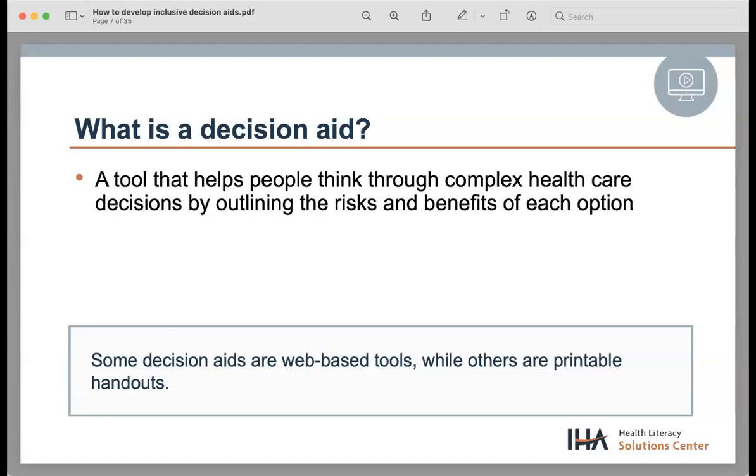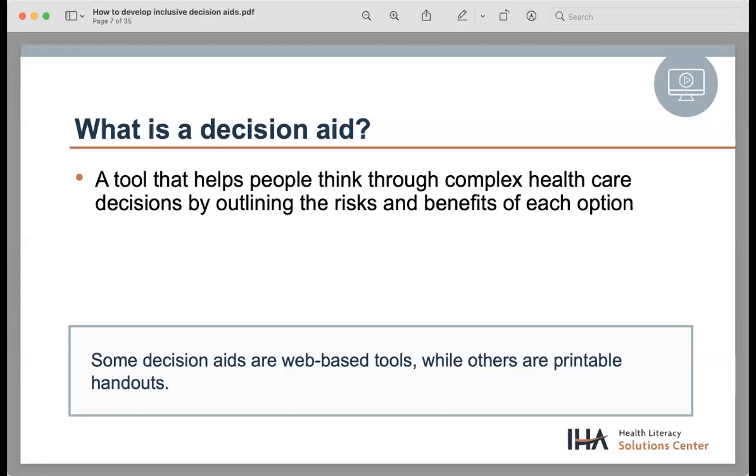People may get information about their health from a lot of different sources, and often we have to make complex decisions like whether to have surgery or whether to pursue a certain treatment option or diagnostic or genetic testing. So having a decision aid can help people walk through that process and give them key information to consider along the way, and help them really pare down that complex information that they're taking in.